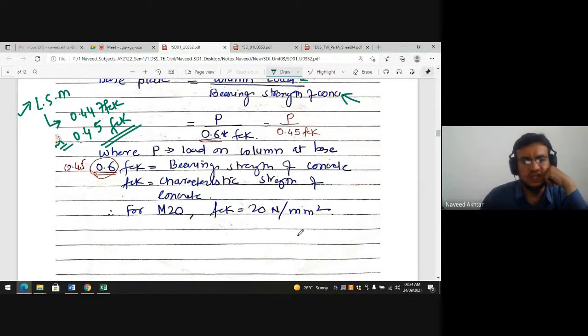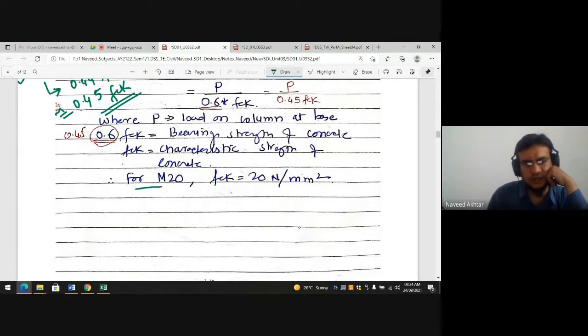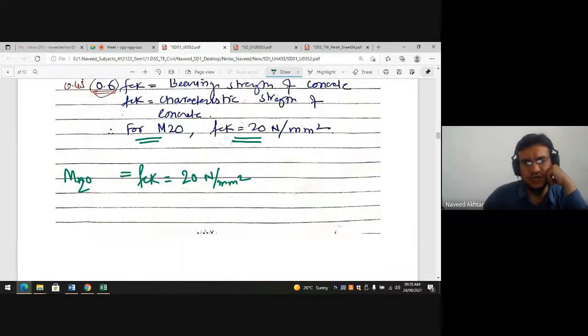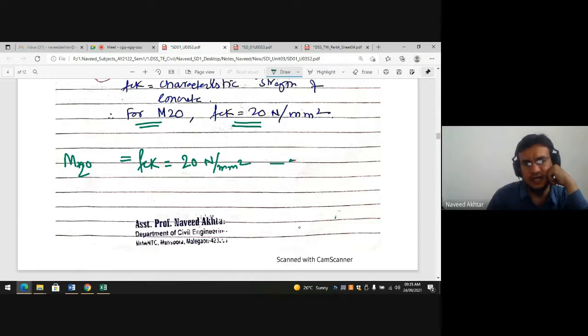In LSM, for M20 grade, the fck will be 20 Newton per mm square at 28 days. So fck is the characteristic strength of concrete, based on the grade of your concrete.